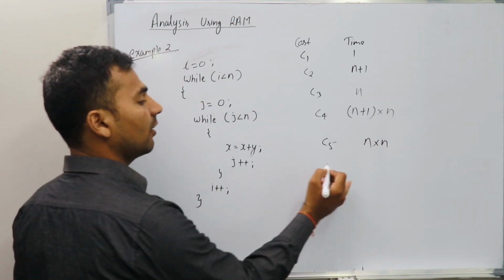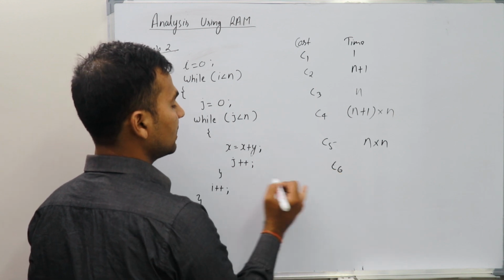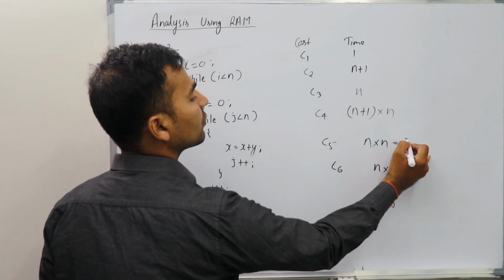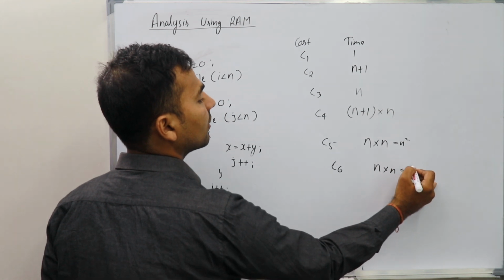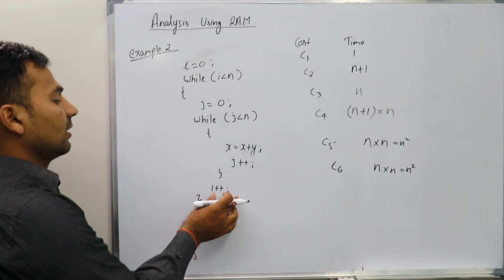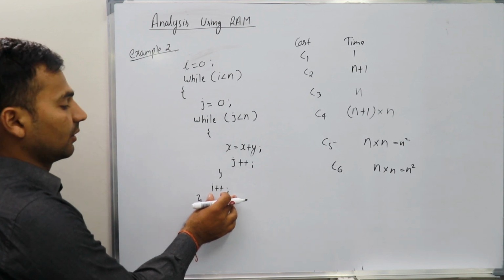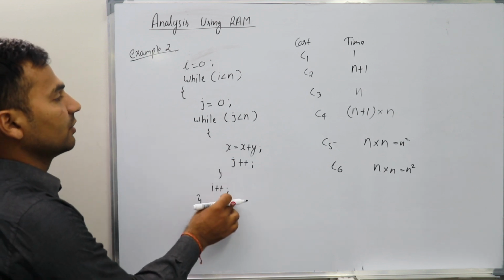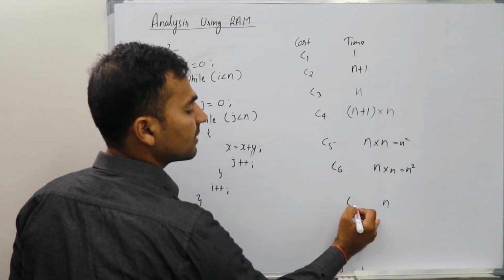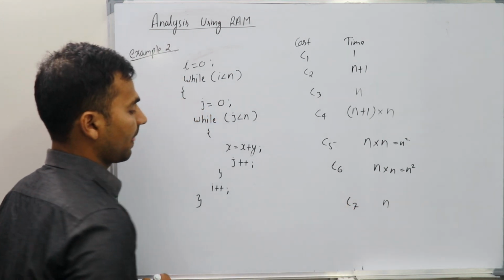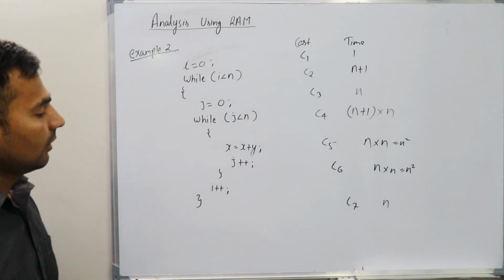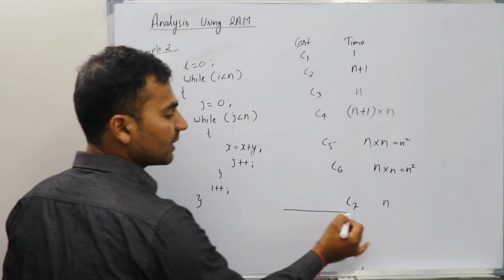Similarly, it takes some constant time C6 and it executes for n into n times, which is n square. Now how many times does this primitive operation execute? It executes for n times and it takes some constant time, so let's say C7, right, because it is inside this while loop only.